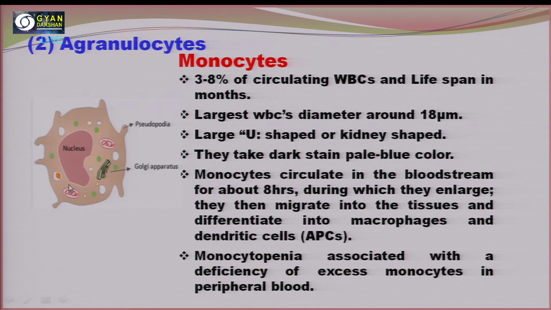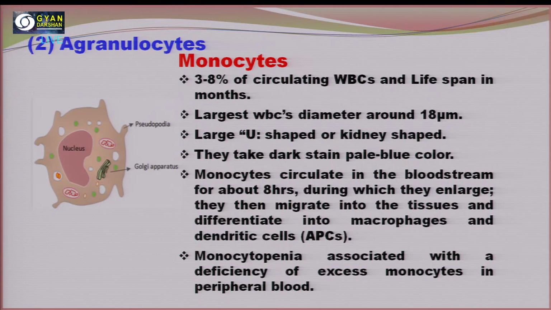They are the largest cells, and their nucleus is U-shaped or kidney shaped. You can see it, and they take a dark stain, pale blue color. Monocytes circulate in the bloodstream for about 8 hours, during which they enlarge, and they then migrate into tissues and differentiate into macrophages.